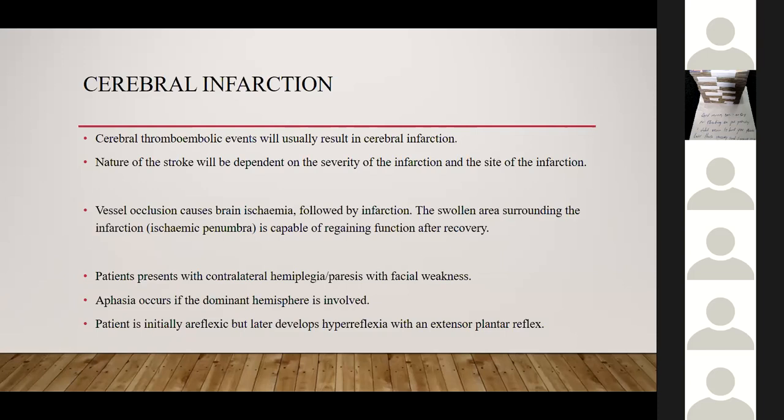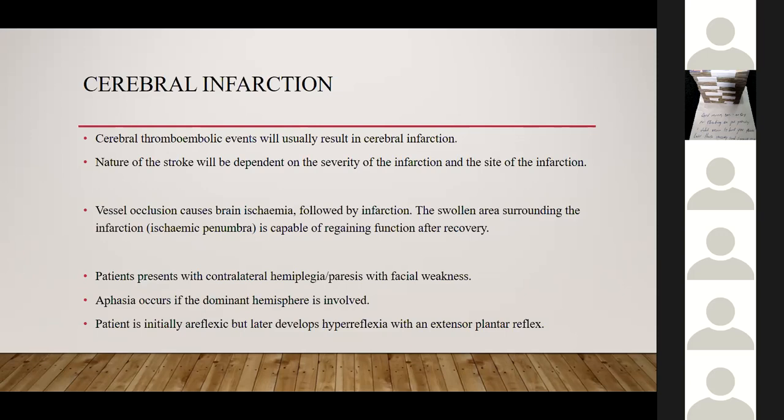As I told you, if you have an infarction in the brain stem, clinical features will be different from an infarction in the cerebrum or probably the frontal lobe. Usually vessel occlusion will cause brain ischemia, and then this will be followed by an infarction.